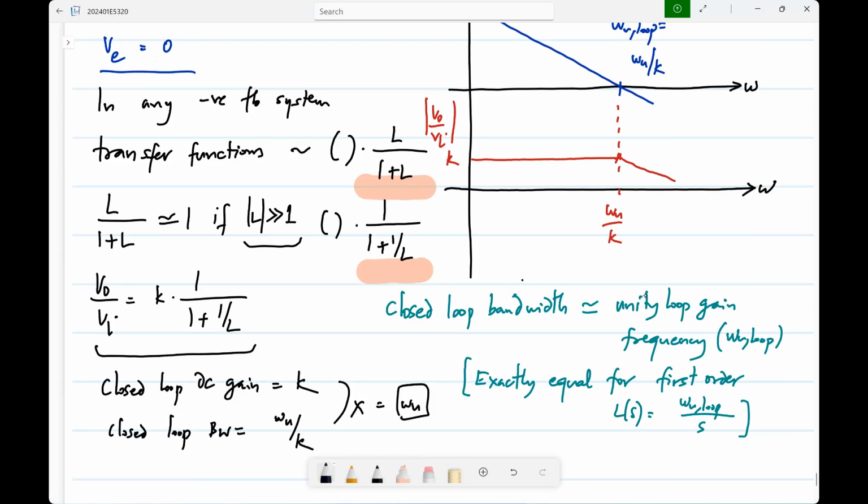Okay. So if you make some other type of amplifier, that may or may not be true, but it's always true that the closed loop bandwidth will be the unity loop gain frequency.